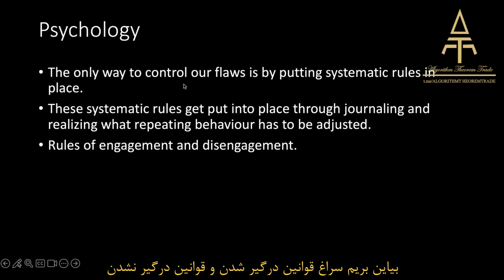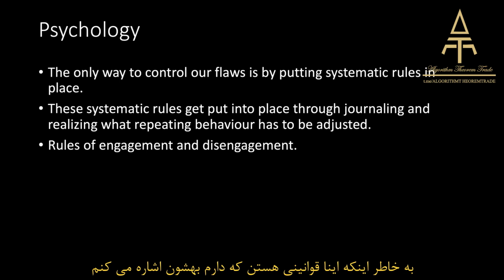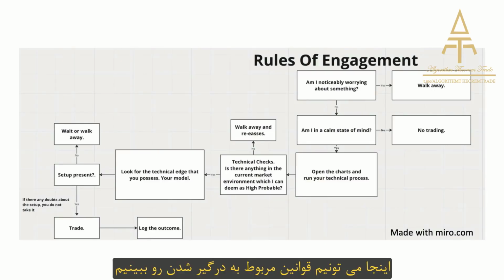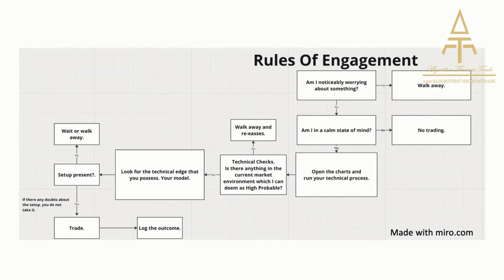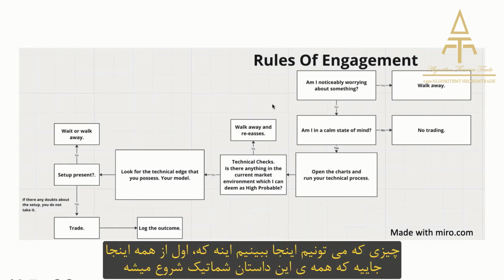Let's take a look at rules of engagement and rules of disengagement, because those are the systematic rules that I'm referring to. Here we can see an example of rules of engagement. Please do not be scared by all of the boxes and lines out there. What we can see is that, first of all, this is where the whole schematic begins.